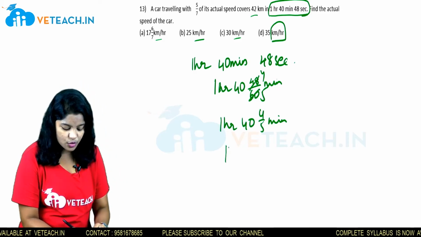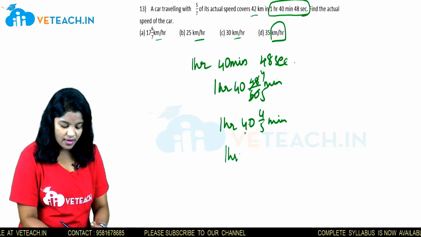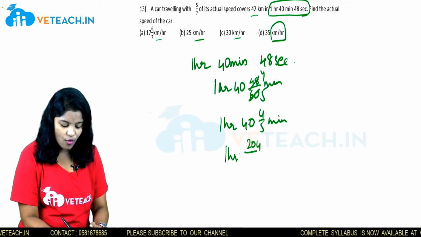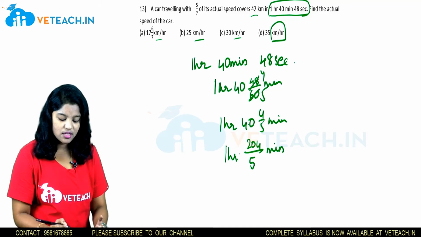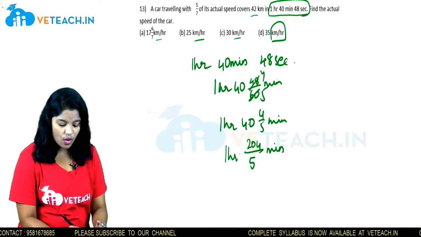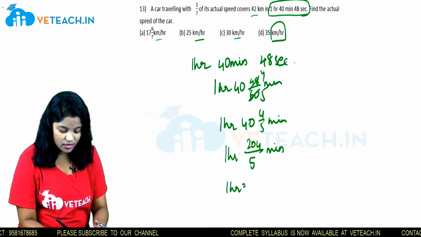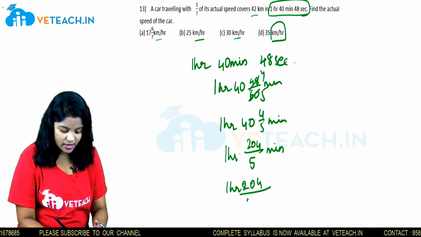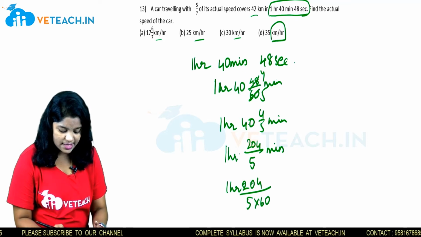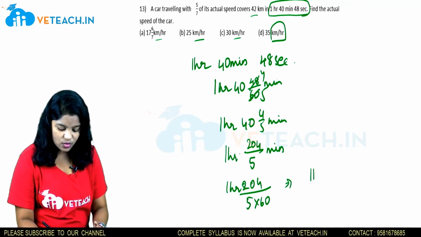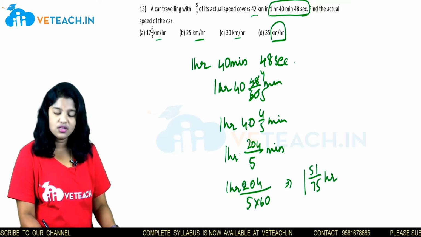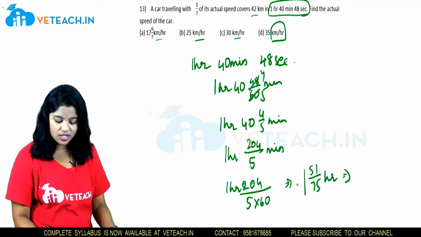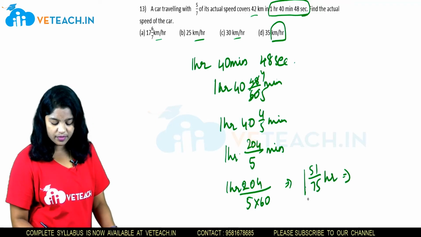Now convert this into a proper fraction: 204 by 5 minutes. Now we should convert this again into hours. So 1 hour 204 by 5 into 60. So that is equal to 51 by 75 hours. So convert it into a normal fraction. 75 plus 51.